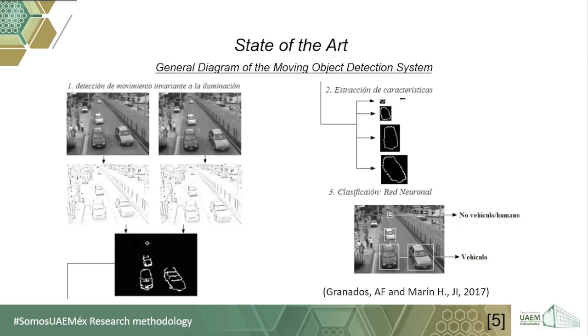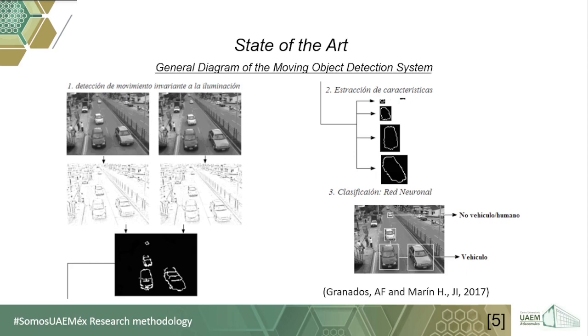Then we have the general diagram of the moving object detection system. First we have the illumination invariant monitoring detection, where we can get the image traffic.